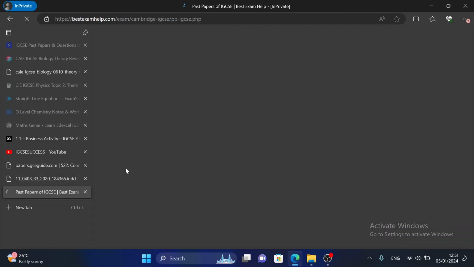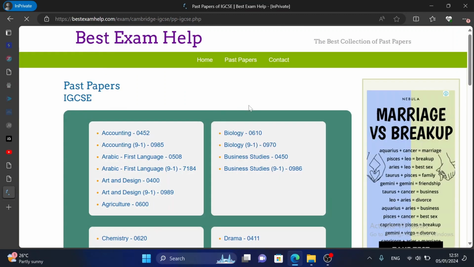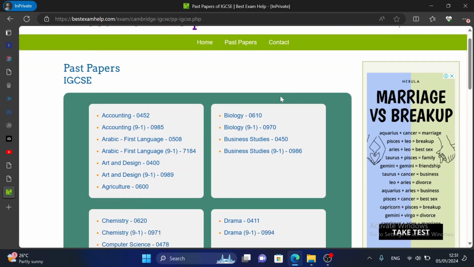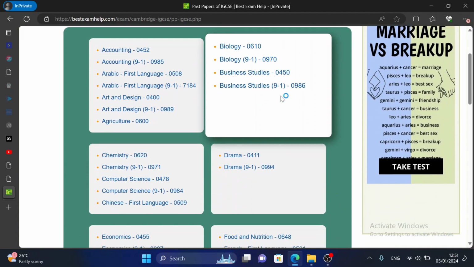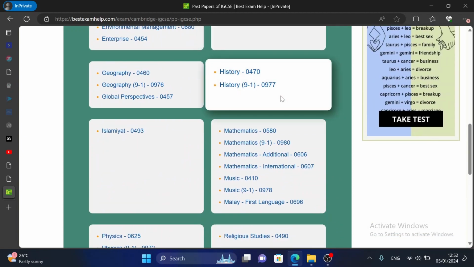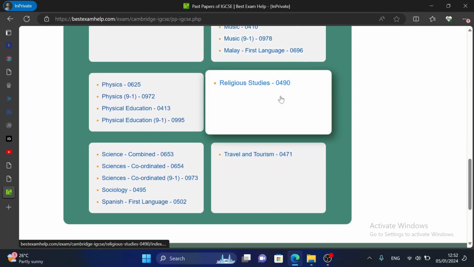And I got Best Exam Help. It's in the name. It's one of the best exam help. You just go over here to past papers, and you can check O level. I got the bio. Yeah, it basically categorized from the A's, B's, C's. I got drama, business studies, French, food, nutrition, history, geography, Islamiyat, maths, music, religious studies, travel and tourism.